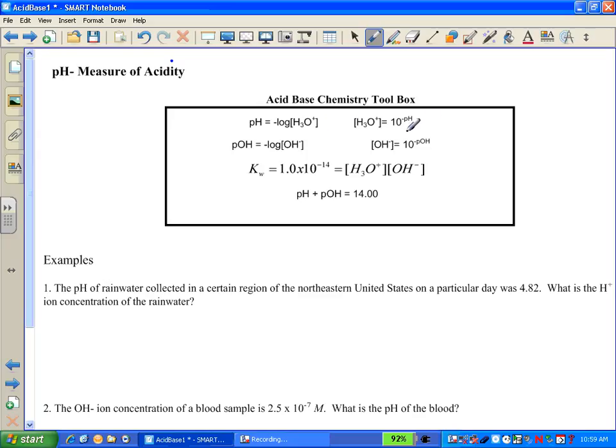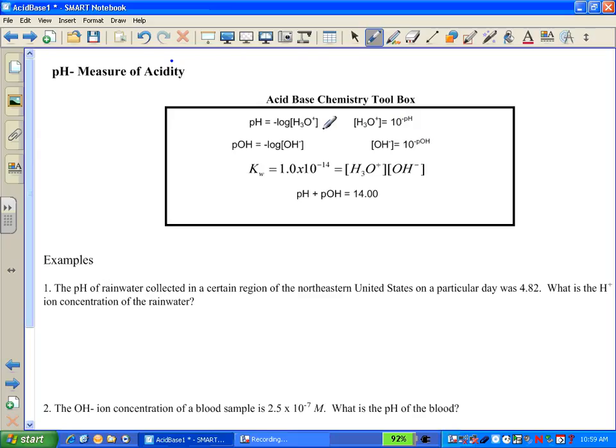Rearranging that formula, we get that the concentration of H3O+ is 10 to the negative pH. The P, recall, stands for the power. So in this case, the pOH is the power of the hydroxide ion. So it's the negative log of the hydroxide ion concentration in the solution. The hydroxide ion concentration is therefore 10 to the negative pOH.